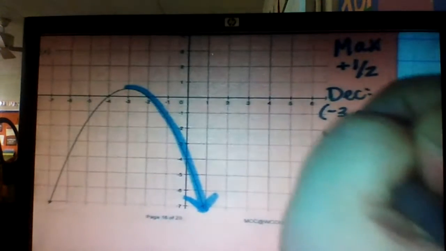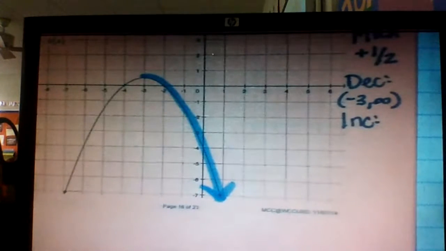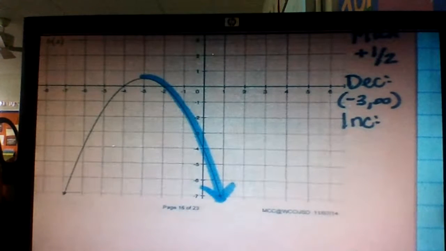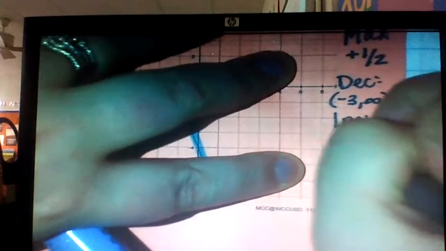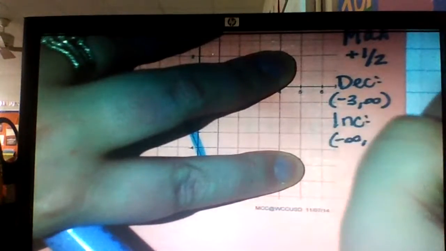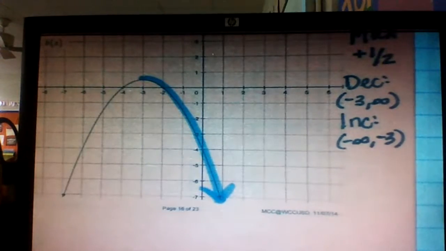Where do I increase? Negative infinity to -3. You always want to put your smallest number on the left and your biggest number on the right. So it increases starting at negative infinity, clear up to -3, and then it switches. So this is an increase.